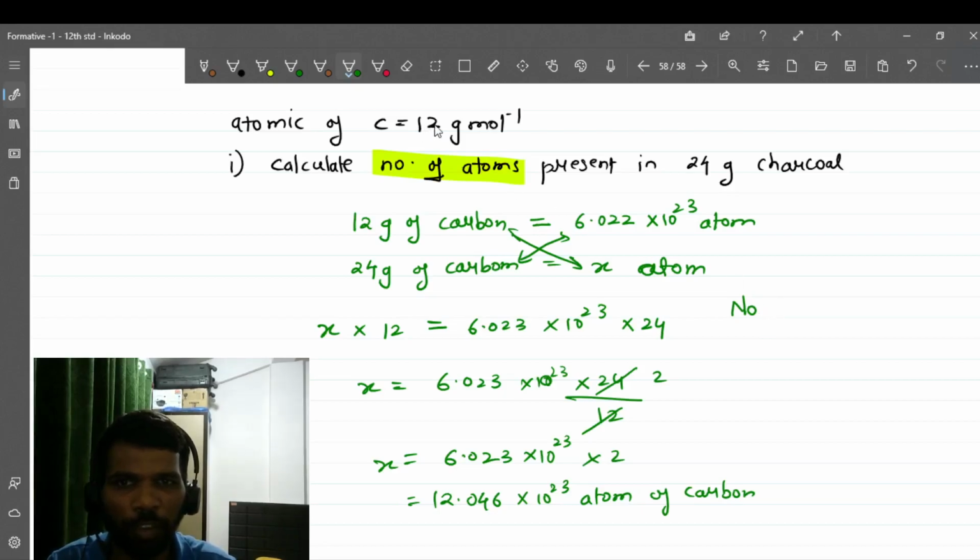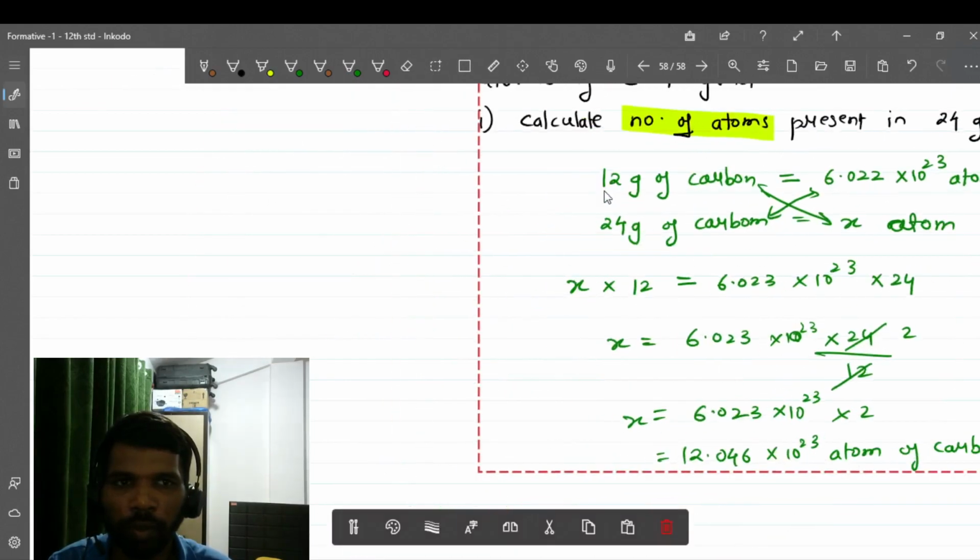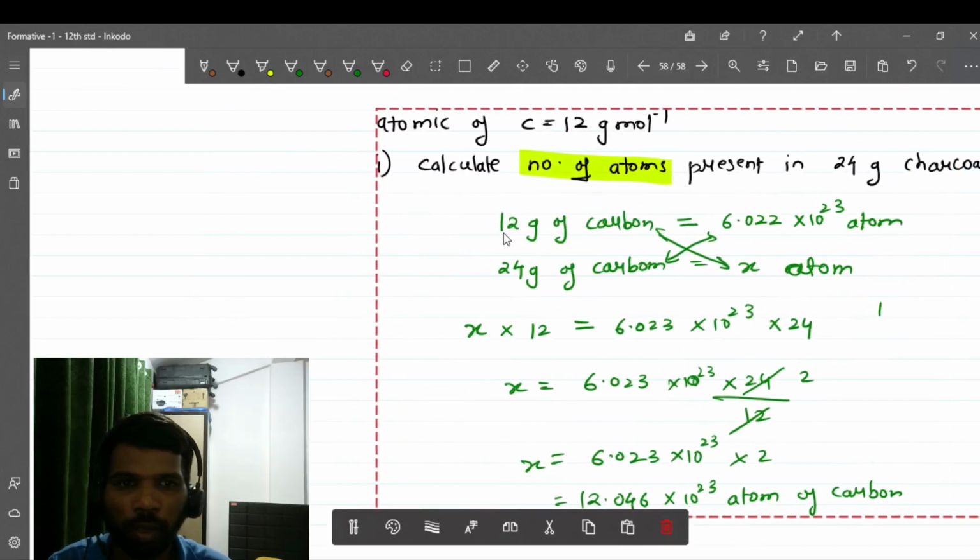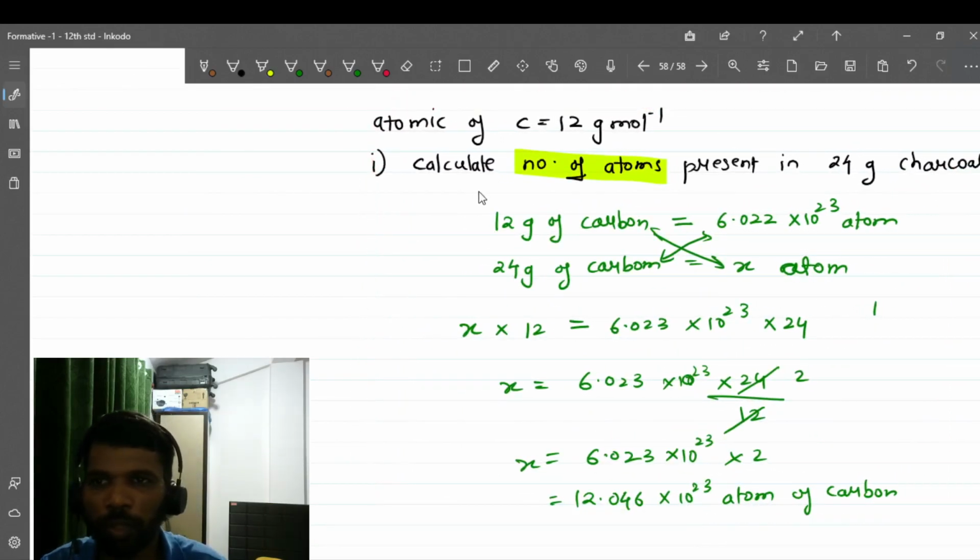The number of atoms will go to the formula. Okay, we'll write the formula. So this X represents the number of atoms in the given quantity.